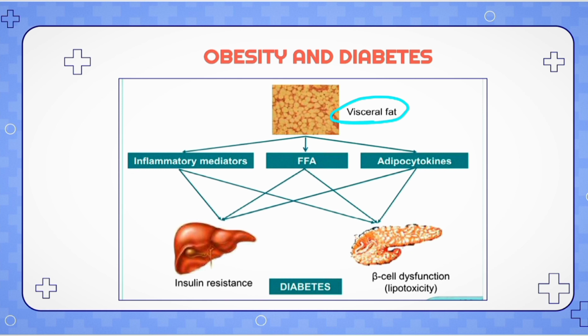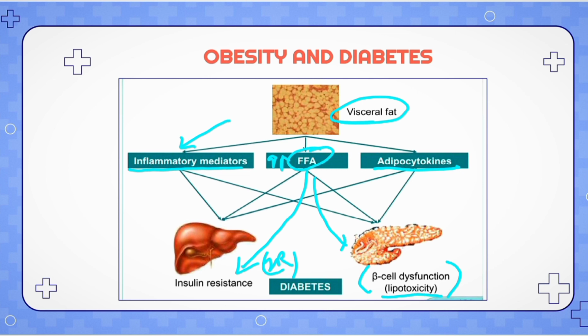Due to this excess visceral fat, there can be increased secretion of inflammatory mediators as well as adipose cytokines, and an increase in the amount of free fatty acids in the body. This can lead to development of insulin resistance, as well as beta cell dysfunction due to lipotoxicity.